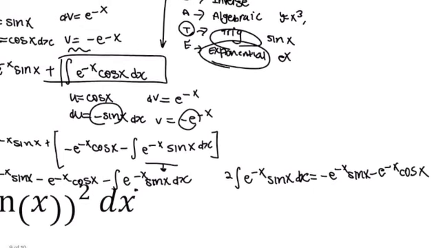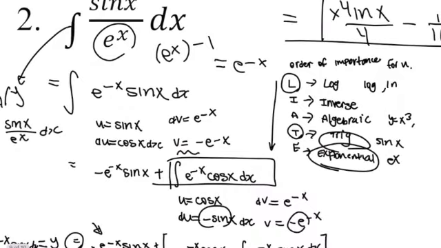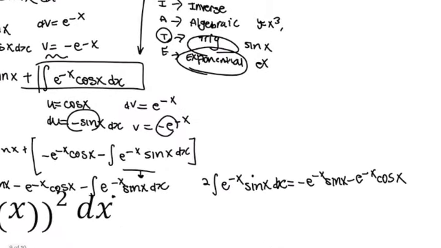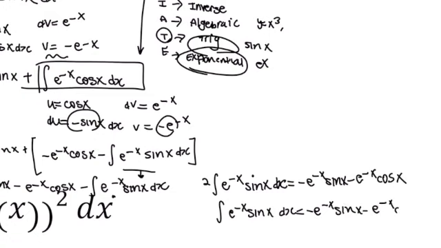And then to find the answer to this question, which is the same thing as this as well, we're just going to divide each side by 2. So the integral of e to the negative x sine x dx equals negative e to the negative x sine x minus e to the negative x cosine x, over 2. Okay, so this would be our answer right here.